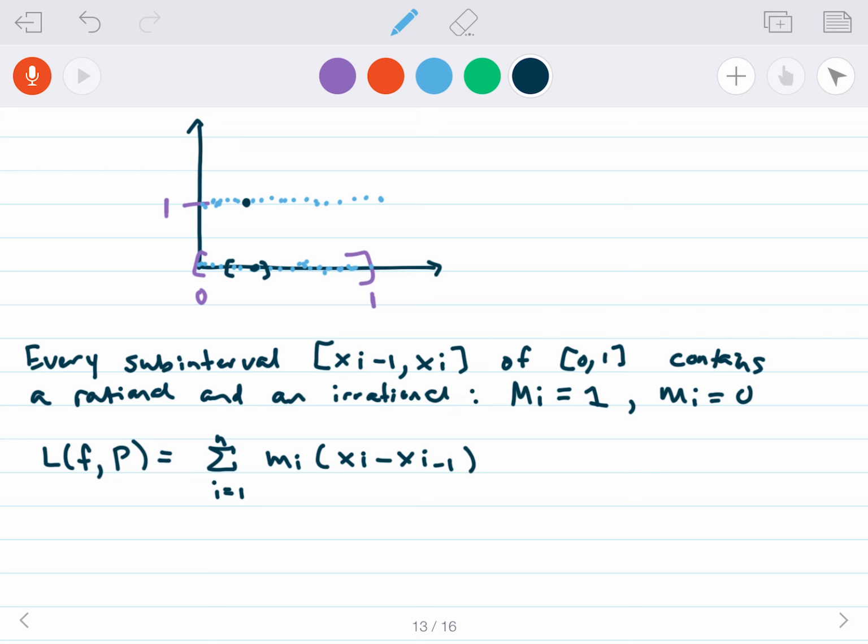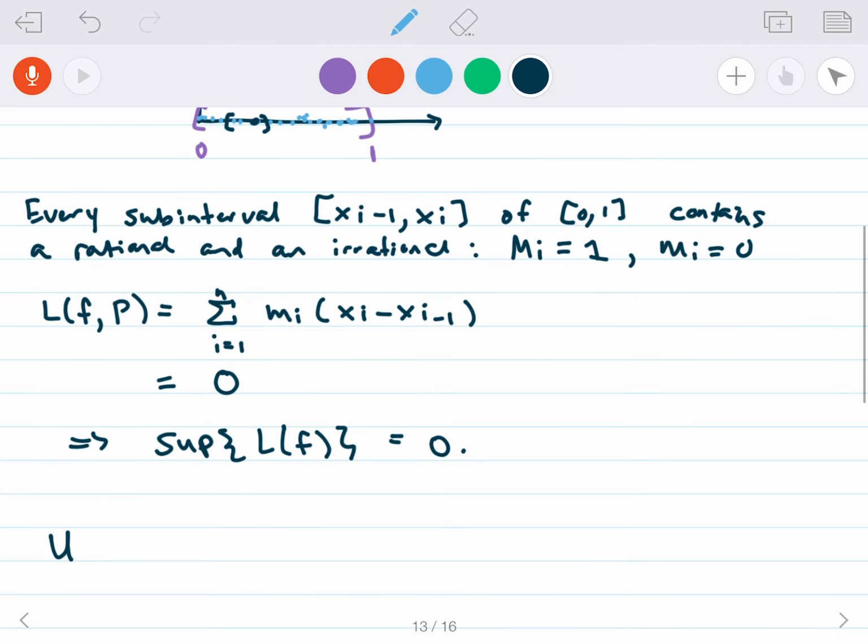Remember, in each subinterval, no matter how small I make it, this guy's going to be 0, right? That's going to be the infimum. So since that's 0, this whole sum is going to just be a sum of zeros, and so that's going to be 0, and hence the supremum over all such partitions is going to be 0. I mean, we're taking the supremum of a bunch of zeros, that's 0.